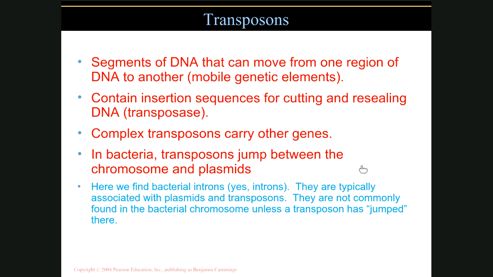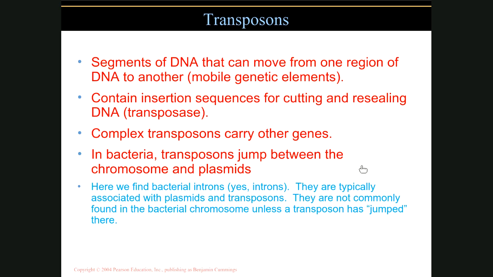So these are jumping genes, mobile genetic elements, pieces of DNA that cut themselves out and move around in your genome. And these were first identified by Dr. Barbara McClintock, who was working with corn. And she won a Nobel Prize for this. And since then, we've discovered lots of different transposons in many different organisms, in both prokaryotes and eukaryotes.